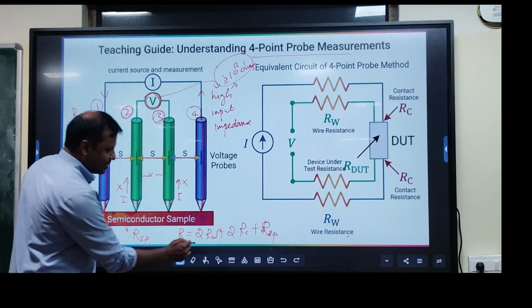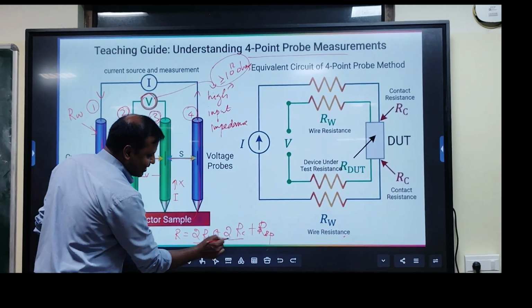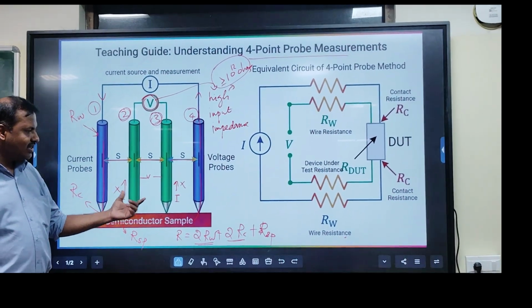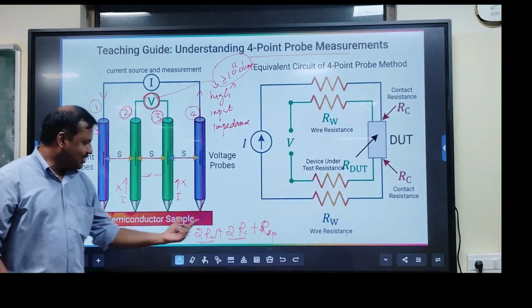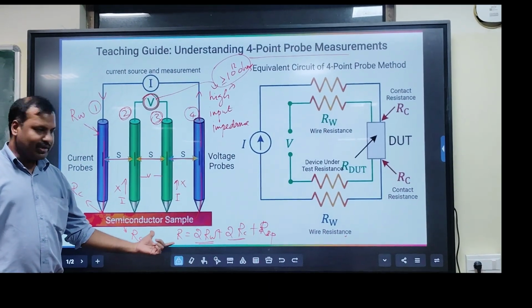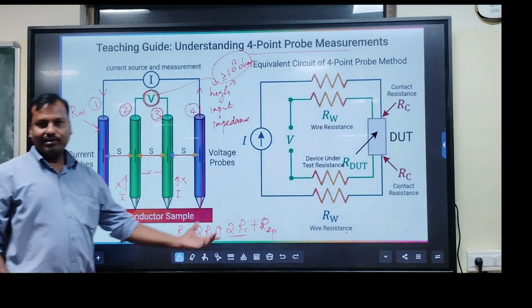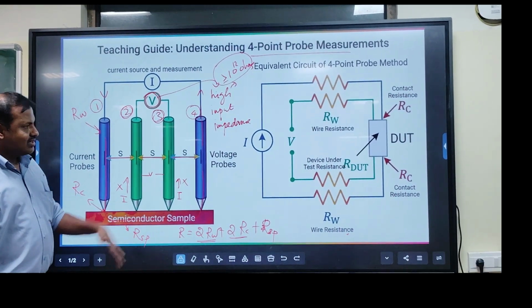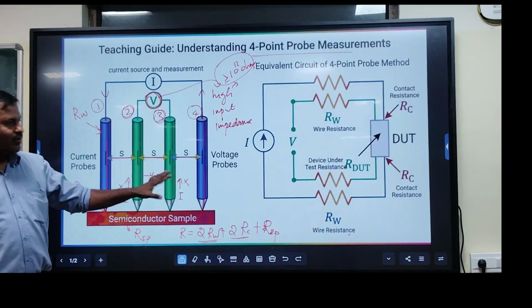Here, the wire resistance and contact resistance values will be smaller because of this reason. Therefore, whatever resistance you get is primarily due to the sample voltage drop or sample resistance. This is the advantage of the four probe method.